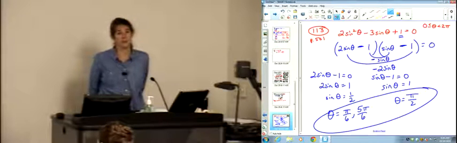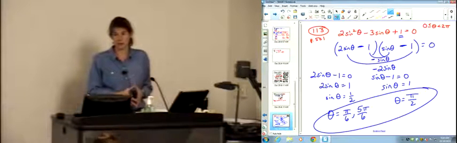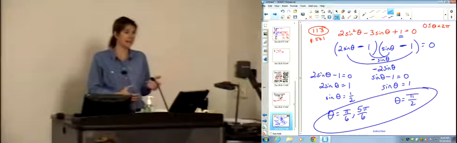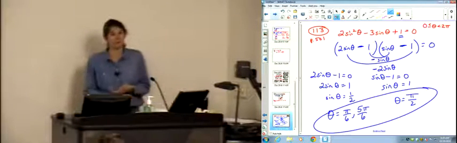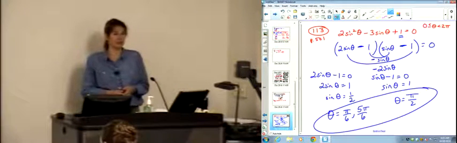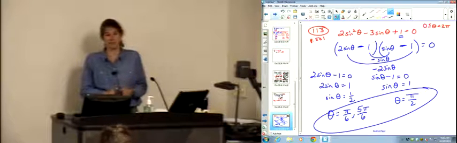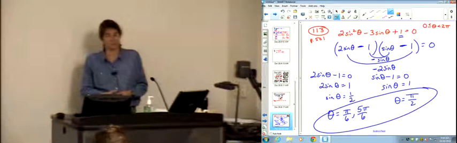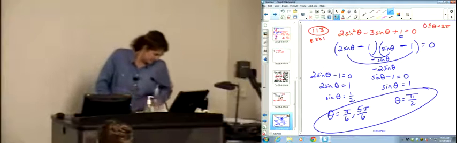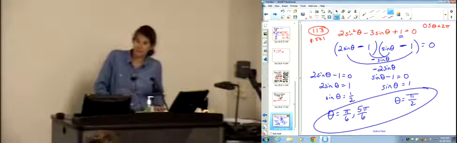So when we solve an equation, we are looking in all 4 quadrants. When we're just asking a question like inverse sine of 1/2, we're only looking where inverse sine is defined. Okay? Anything else on this one?